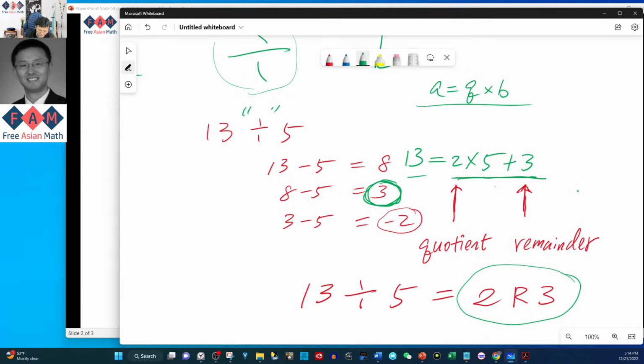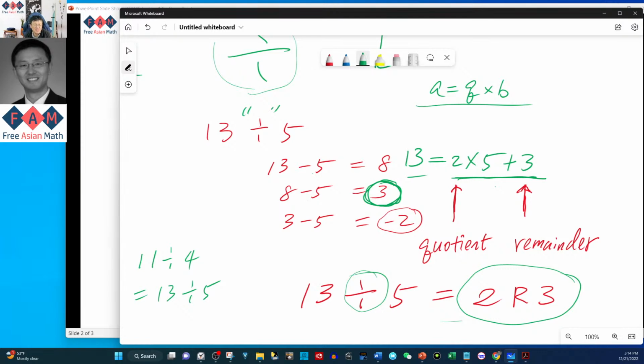Otherwise, we will have something like 11 divided by 4 equals 13 divided by 5. And this at the same time means that this operation cannot be valid. Because we already say that this is only meaningful for the case where something like 13 is a multiple of 5.